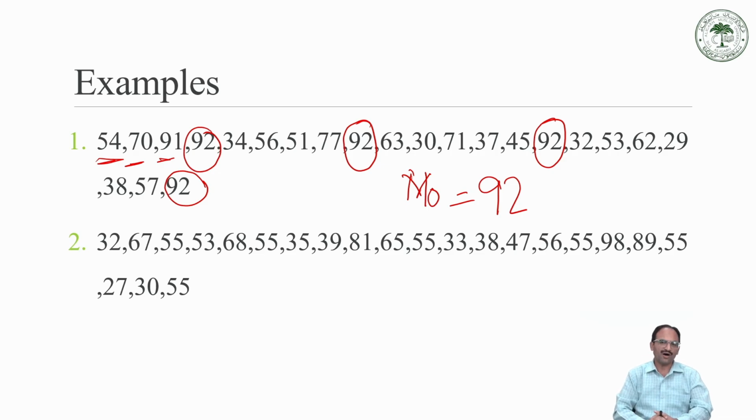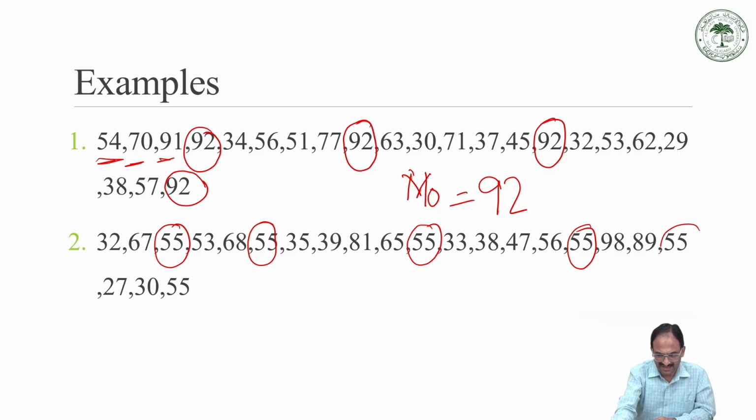And remember, you have to see which number is appearing most of the time. So you start checking. I think 55 is such a number which is appearing more than once. How? One time, second time, third time, fourth time, fifth time, and sixth time.